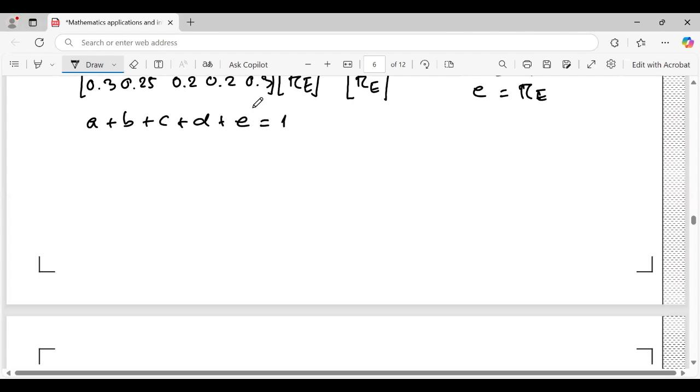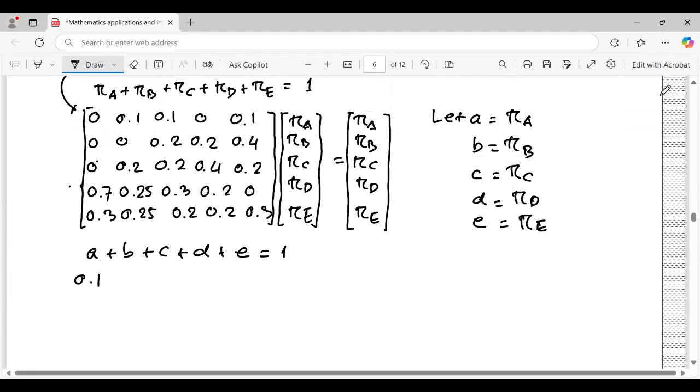The second: if you multiply the transition matrix and this matrix, 0 times A equals 0, then 0.1b plus 0.1c plus 0.1e equals a.